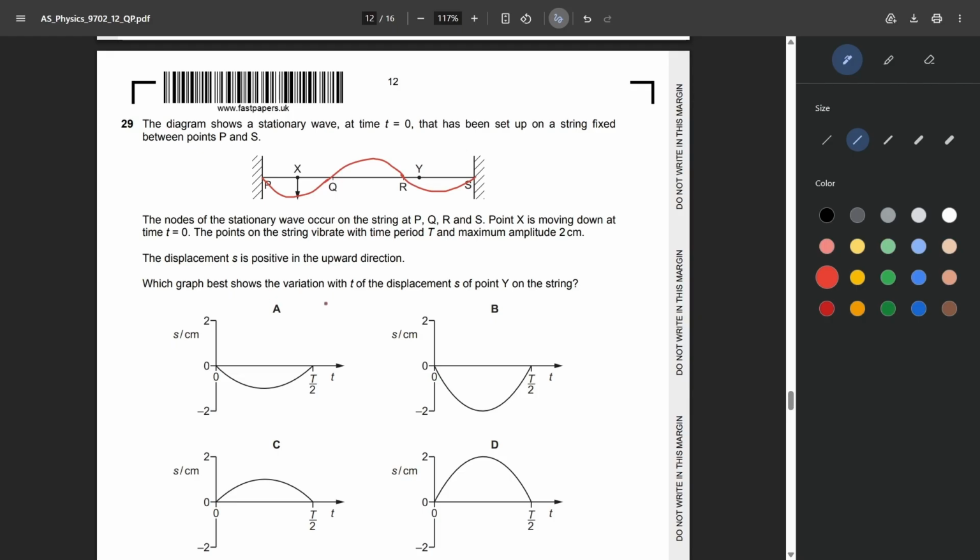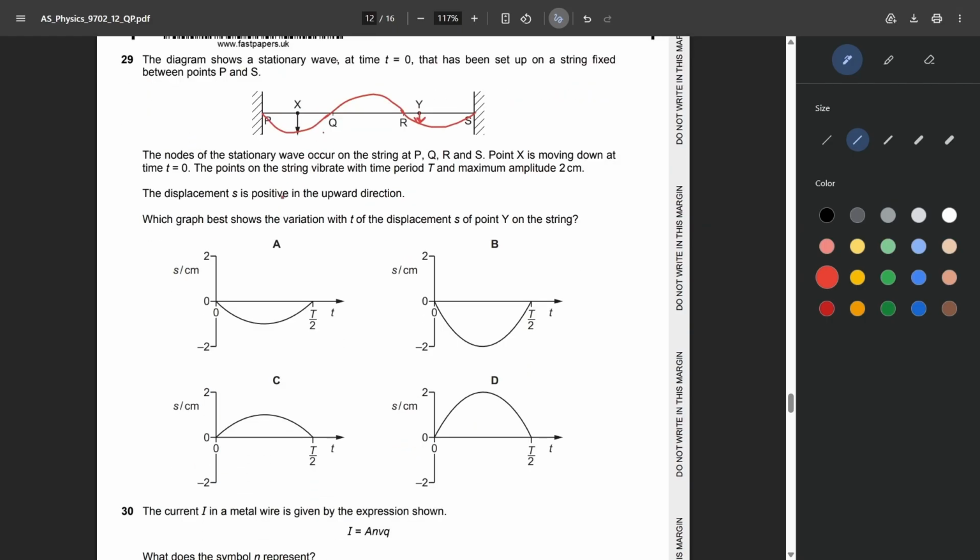So from this, we can clearly see that if point X moves downwards, point Y will also move downwards because these two are 2 nodes apart. Now, Y has to move downwards, right? That automatically rules out option C and option D. So the correct answer will be either A or B.